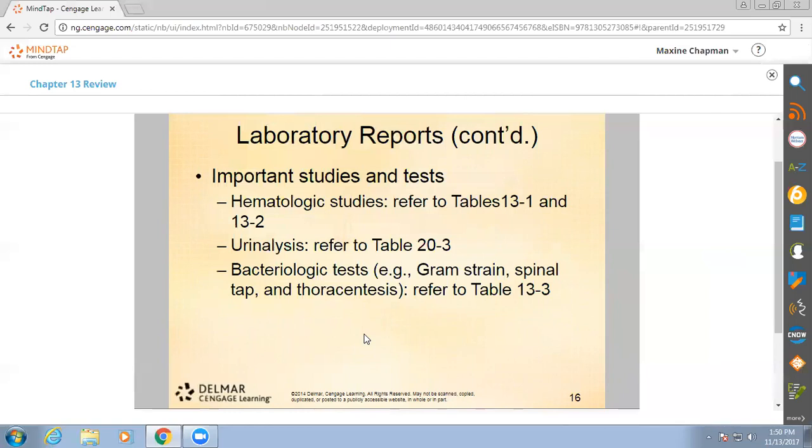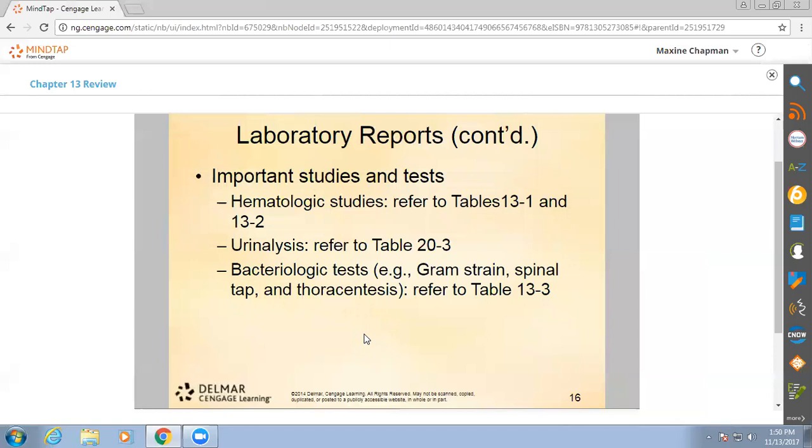Hematological studies. Venous and arterial blood is drawn from the patient for visual or computerized examination in the lab setting. On the table on page 405, I know on the review it says know the different types of white blood cells.